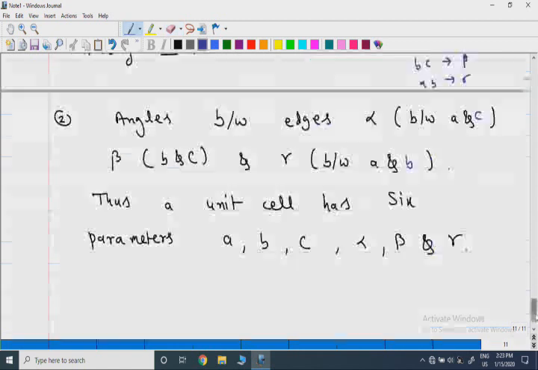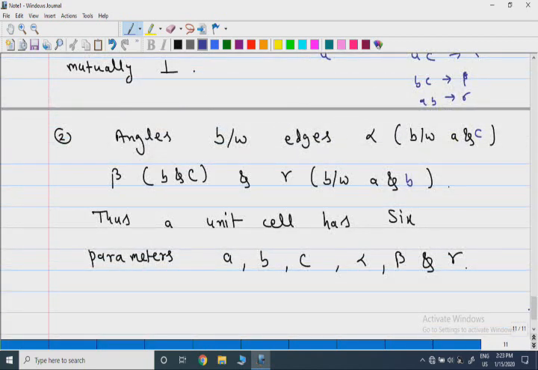Okay. Copy and then confirm. Done? Guys, have you copied that? Okay.